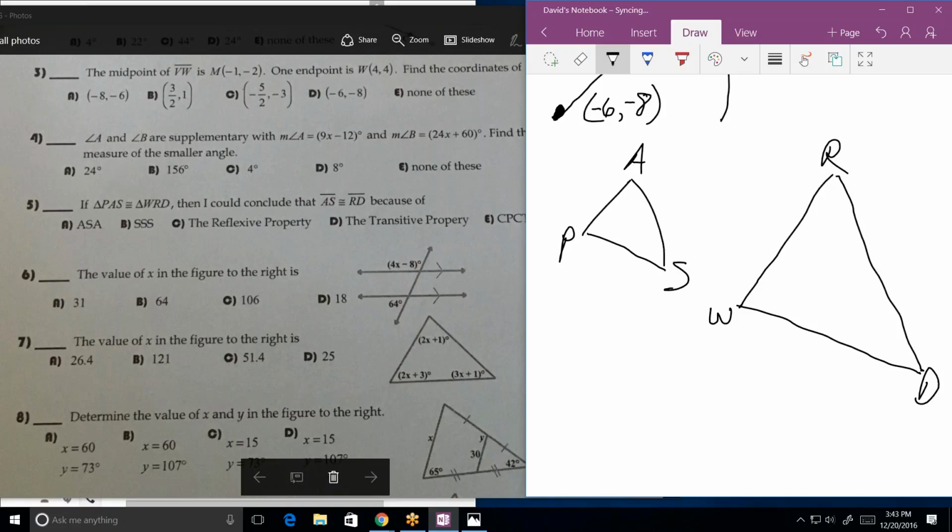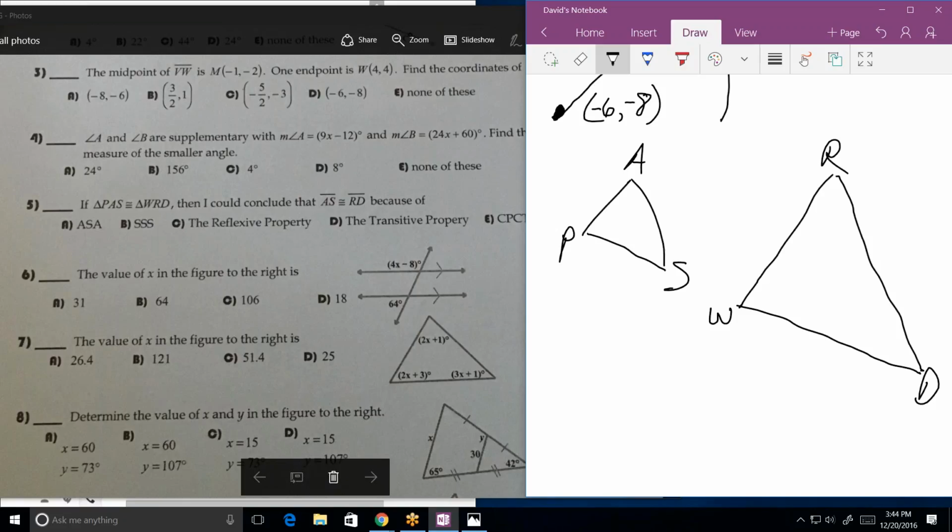And by naming it in such a way as they did, I identify corresponding parts. In other words, now I know that AP is the corresponding side to RW. Not because of the way I've drawn it, because this can end up being rotated so that you would have a hard time recognizing. And if all three angles were close to the same, you'd have a hard time recognizing which was the smallest or largest side.